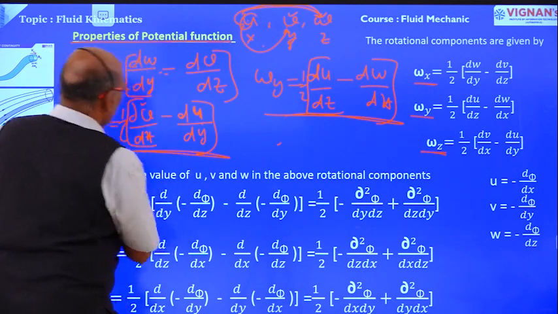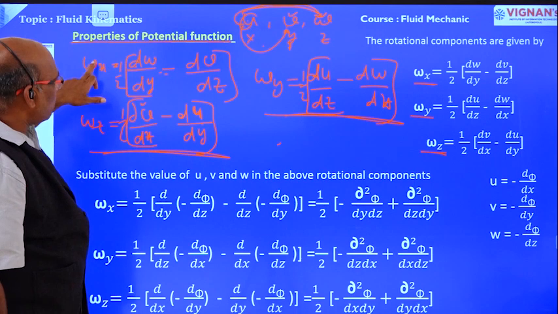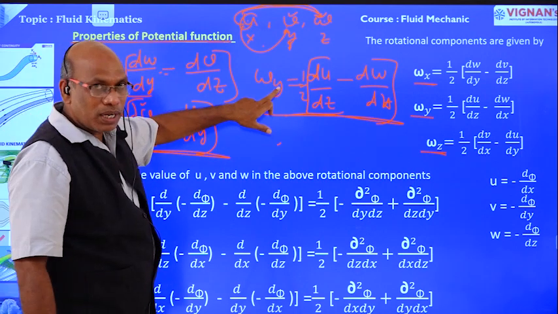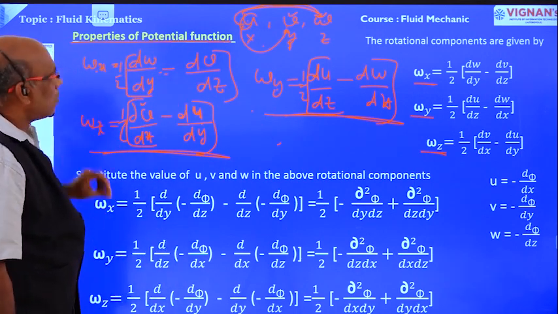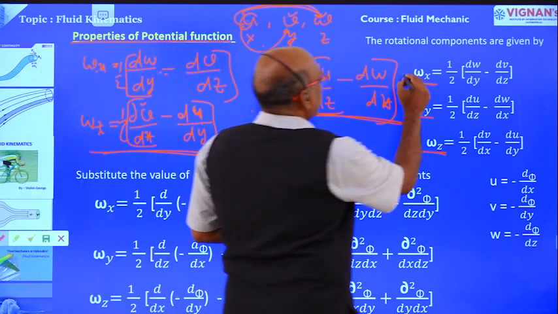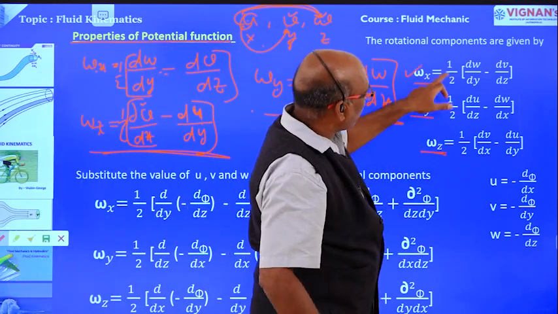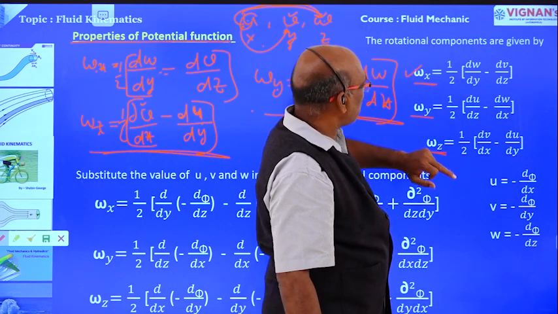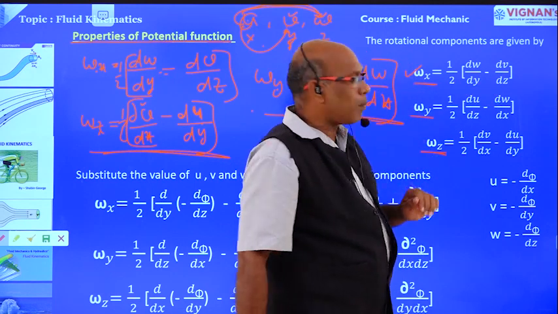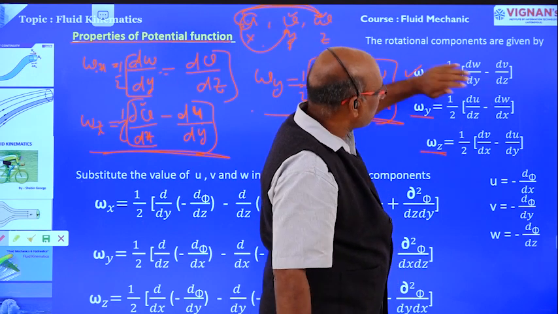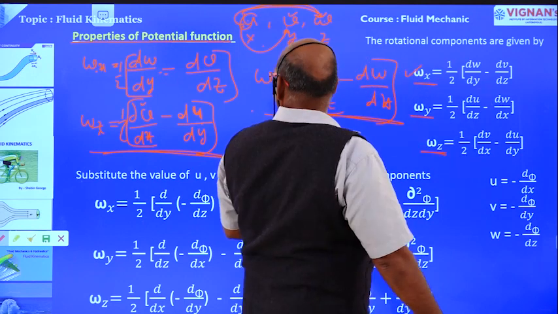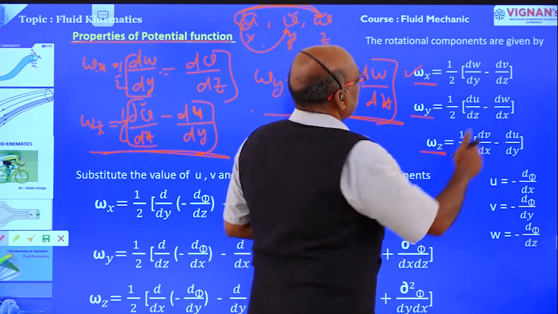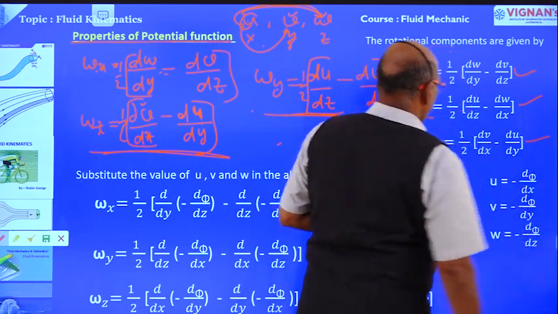So ωx is equal to 1 by 2 (∂w/∂y minus ∂v/∂z). That is the rotational component in x direction, in y direction, and in z direction. These are the rotational components.